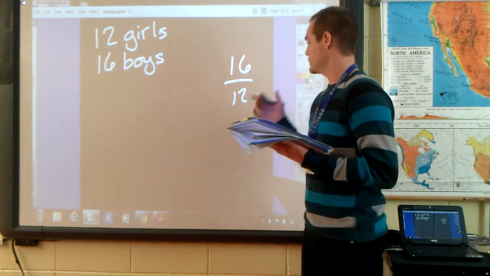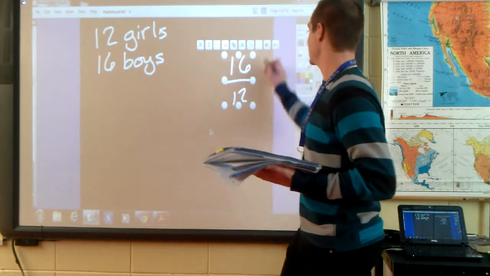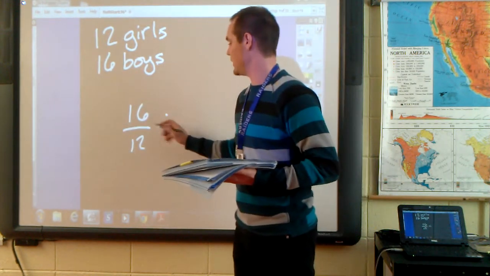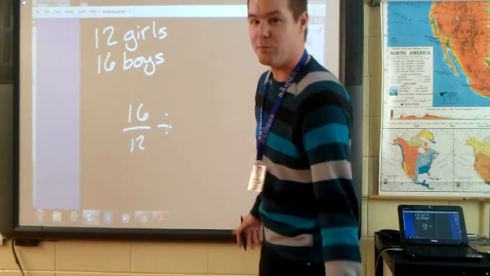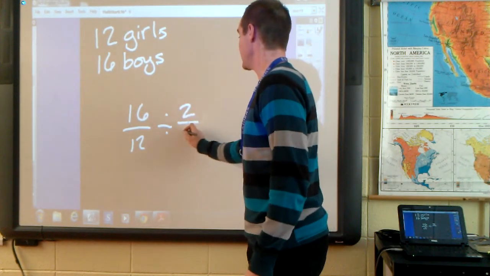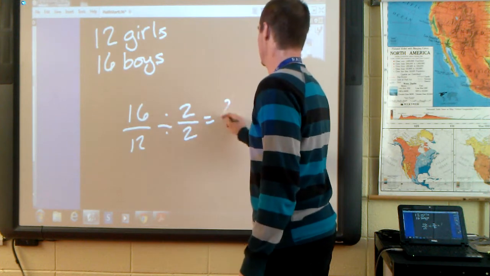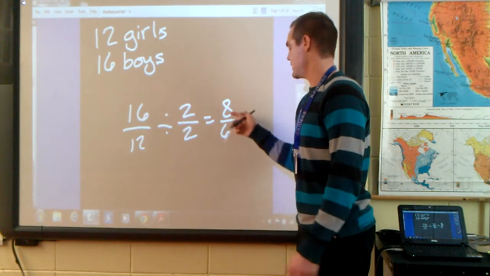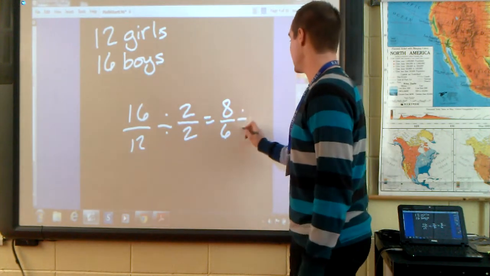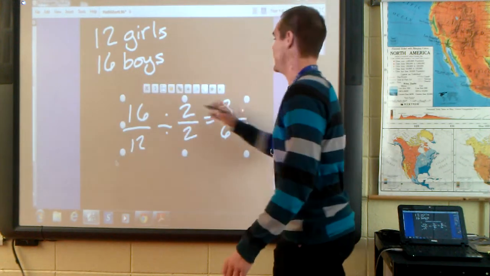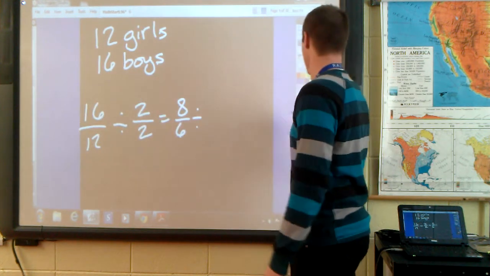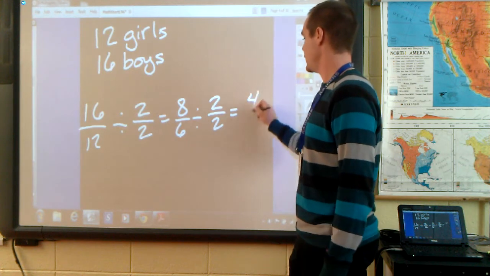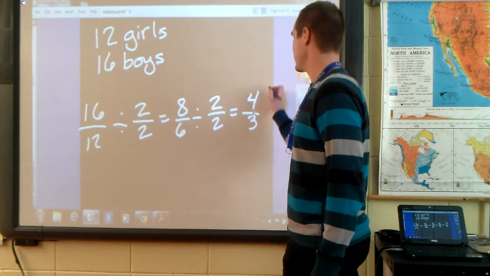Now we need to reduce this fraction, and let's do it the way we just discussed. Let's understand that both of these terms are even and divide both by 2. So 16 divided by 2 is 8. 12 divided by 2 is 6. I still see that both of these terms are even, so again I can divide by 2. 8 divided by 2 is 4. 6 divided by 2 is 3.